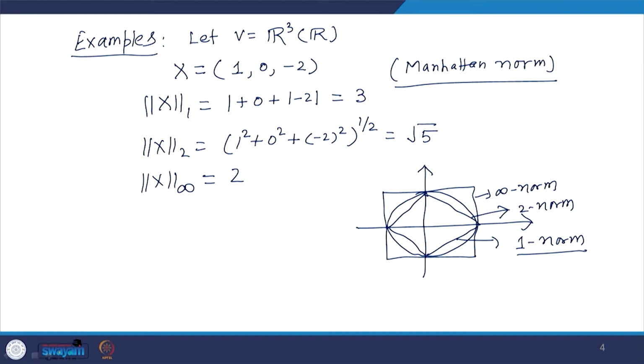Now, one of the important properties of the norms is that all the norms are convex. How? Let us first define the convex function.